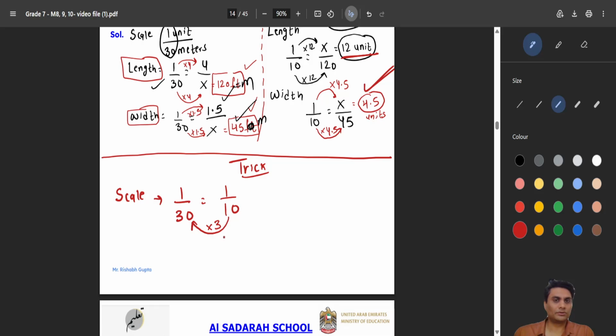No, just wait. Do it like this. If you want to go from 30 to 10, what will you do? You will do divide 3. Yes or no? So whatever you did here, do the opposite of it with the units.